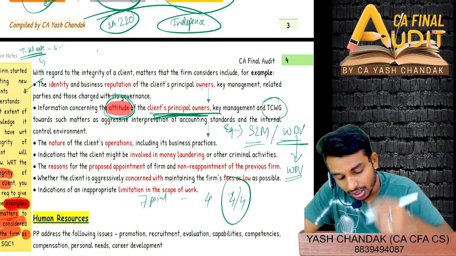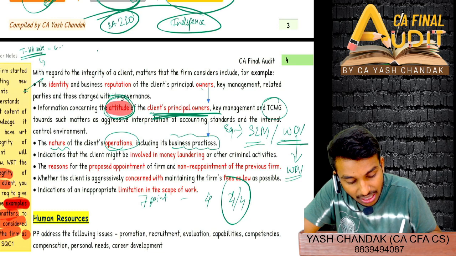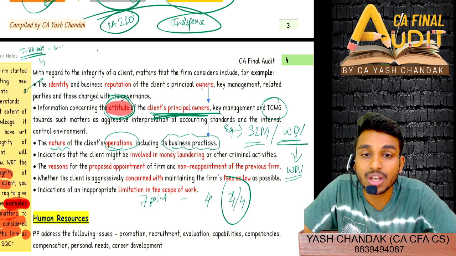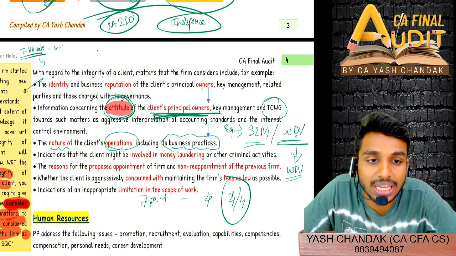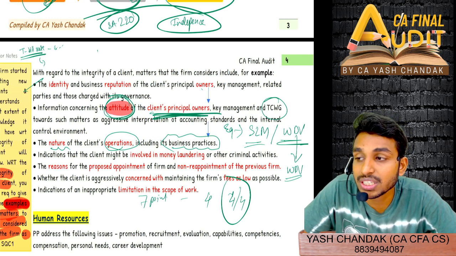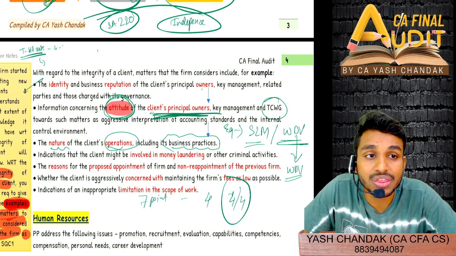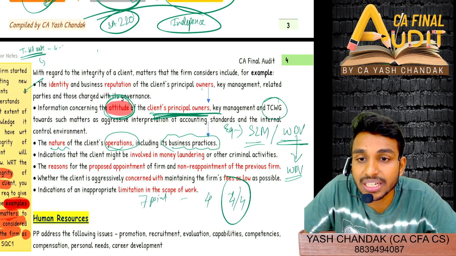So first was identity and reputation. Second is attitude. Third one is the nature of the client's operation, including its business practice. So just now the first point you told, someone, Krupali I believe, has told what? The nature of the client's business, nature of its operation, whether it is a cash business, suppose they are involved in option trading or any sort of futures, stock market trading.